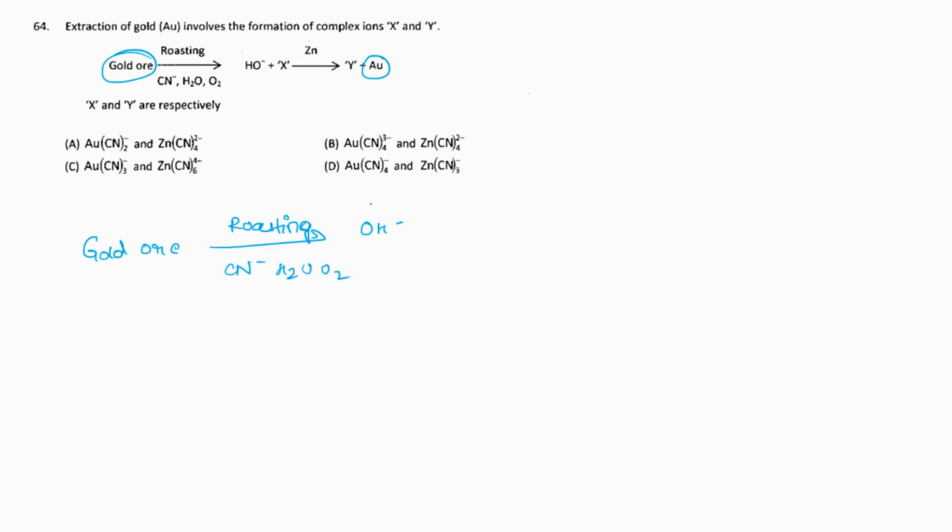I get OH minus as one of the products, and another product is [Au(CN)2] minus. Then I am giving it zinc. A displacement reaction takes place, forming [Zn(CN)4] 2 minus, and my gold comes out in pure form. So this is my X product, this is my Y product: [Au(CN)2] minus and [Zn(CN)4] 2 minus. So my option A.